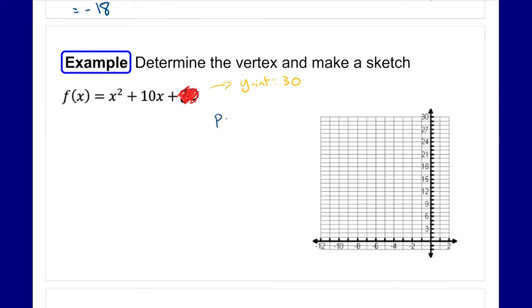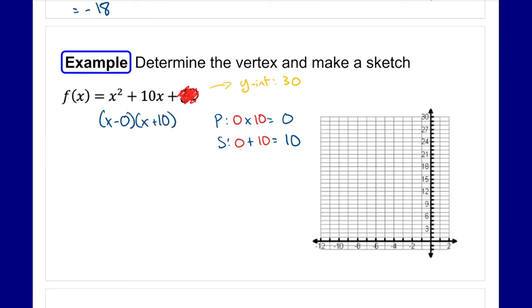So that means, again, I'm looking for two values that multiply to give me 0 and add to give me 10. Very similar to the last one, 0 and 10. So again, it's the same kind of steps as the last one. So now I have x minus 0, x plus 10.